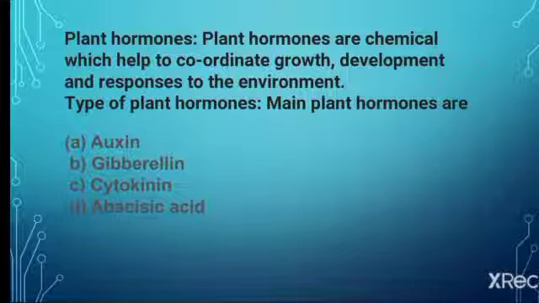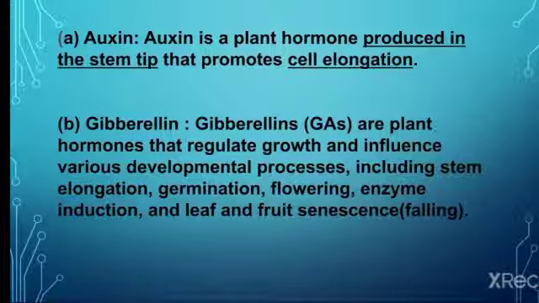Plant hormones. Plant hormones are chemicals which help to coordinate growth, development, and responses to the environment. There are various types of plant hormones: auxin, gibberellin, cytokinin, and abscisic acid. Auxin is a plant hormone produced in the stem tip that promotes cell elongation, which we have already discussed in a previous slide.